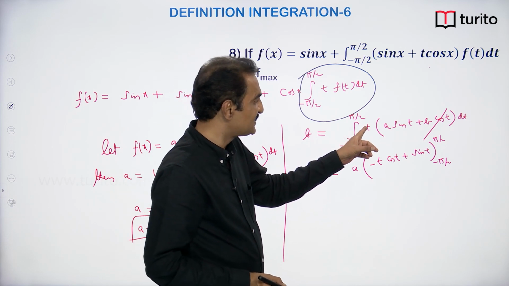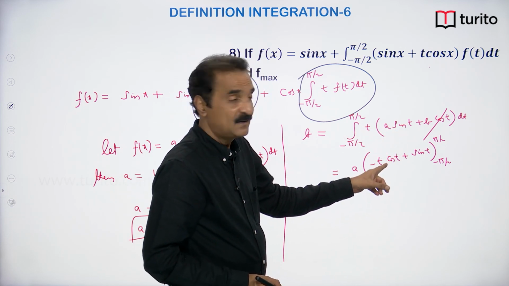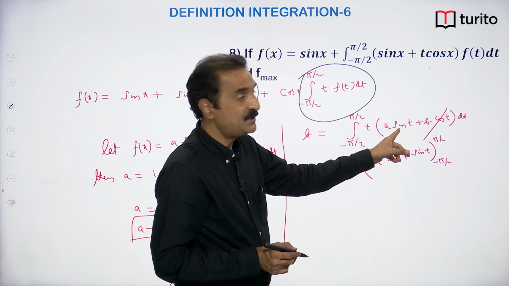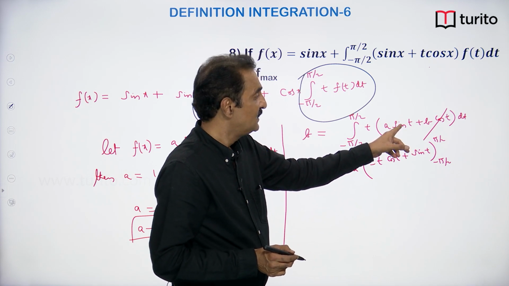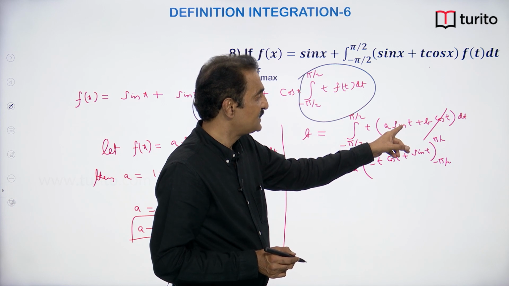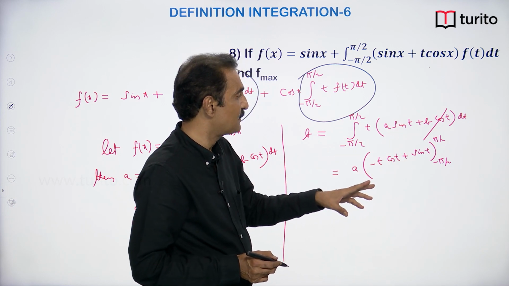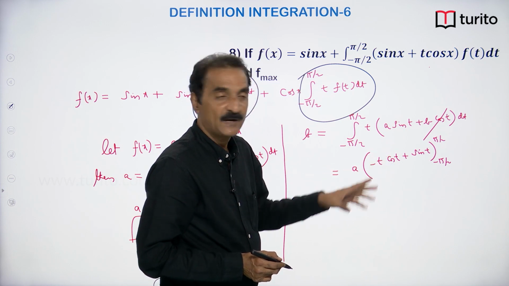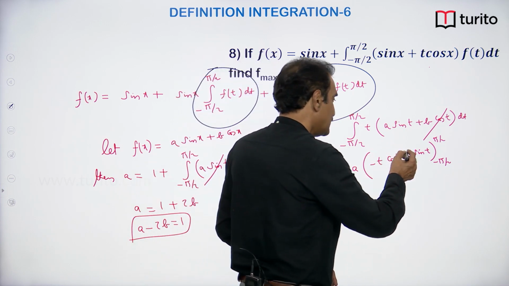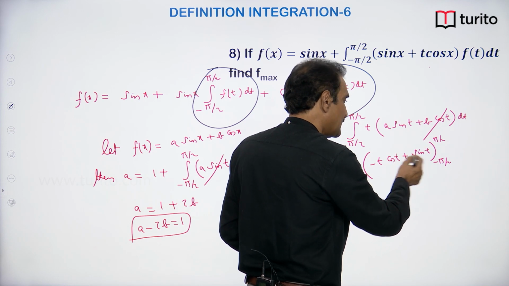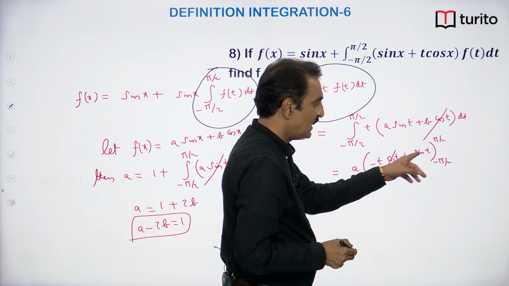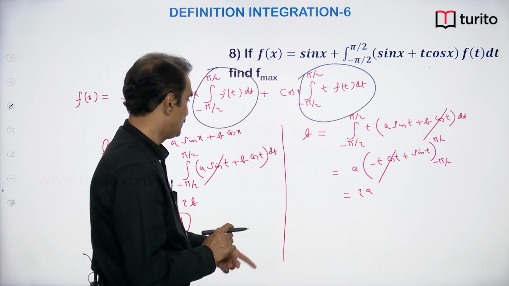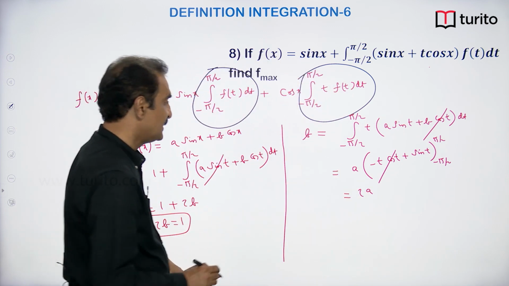By integrating by parts, first function into the integral of the second minus the integral of the derivative of the first function into the integral of the second. Okay, the integral of this is minus, is plus. Now substituting the limits, substituting pi by 2 in this and minus pi by 2, this will be 0 and this will be 2a.